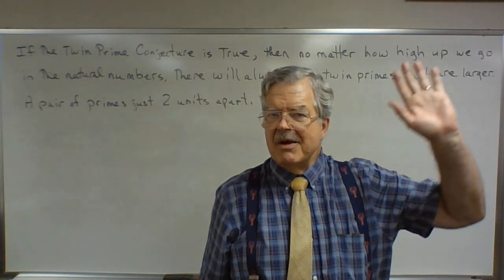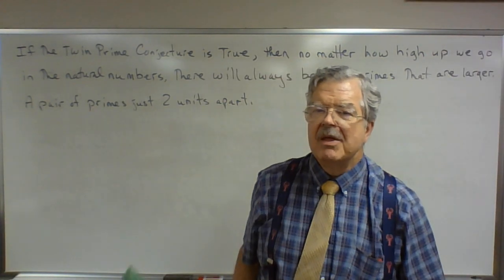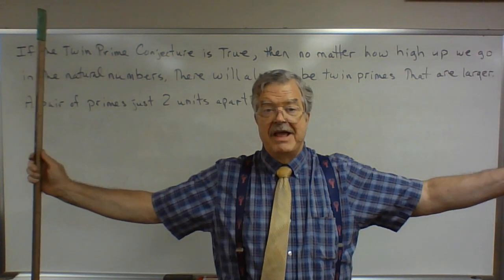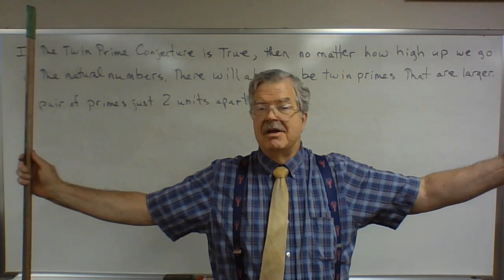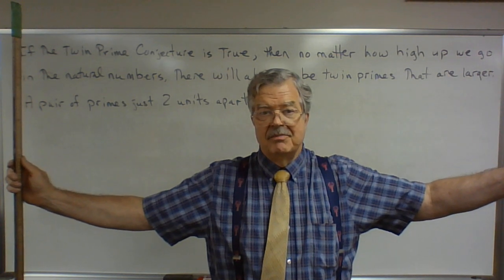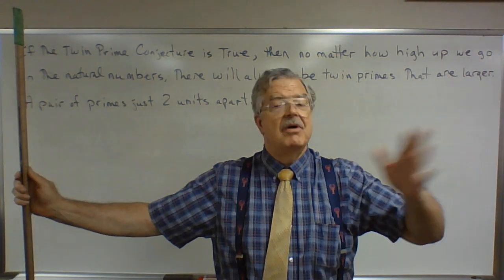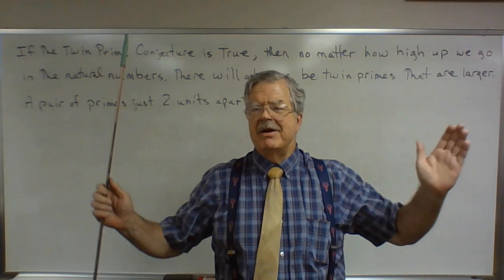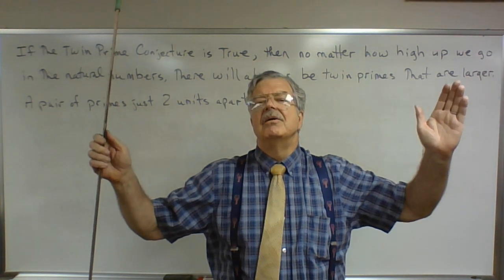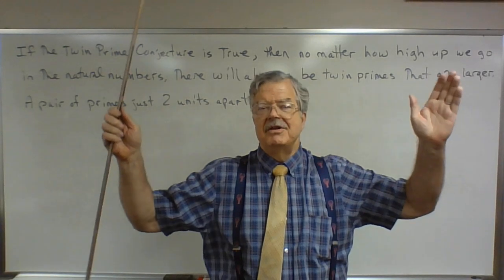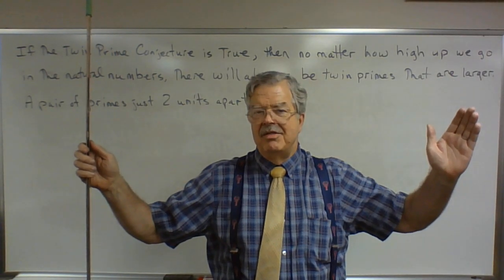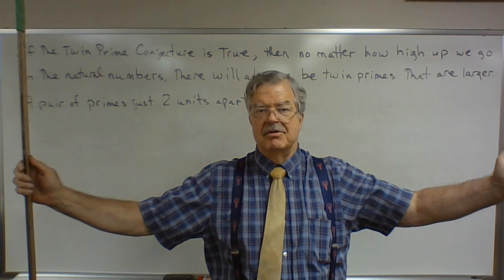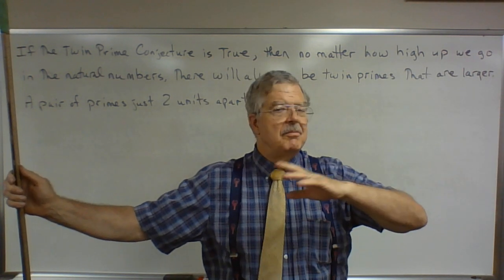As we go higher and higher into the natural numbers, we can find a stretch of natural numbers arbitrarily long in which there are no primes. And I'll say that again. No matter how high up, we can go high up enough into the natural numbers that we can find a stretch of composite numbers that's arbitrarily long.